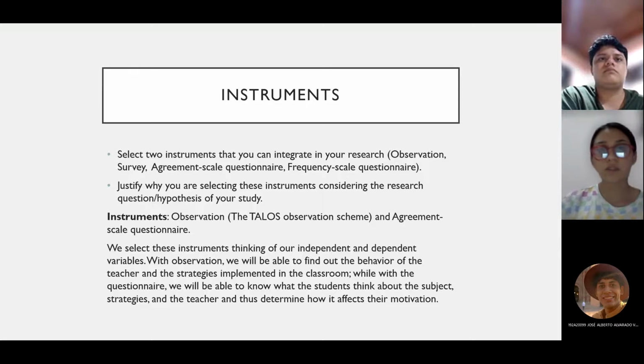With the observation, obviously, we want to find the behavior of the teacher and their relationship with the students and the strategies that he or she implemented in the classroom. And the questionnaire, because we want to know specifically the thoughts of the students.